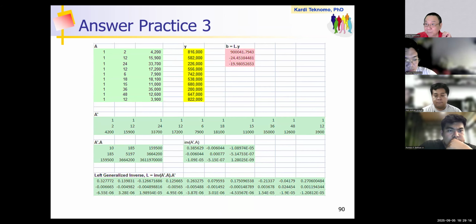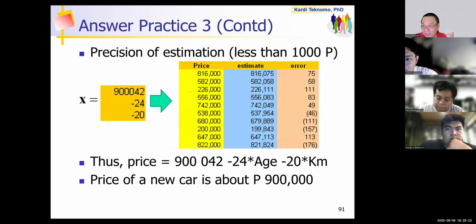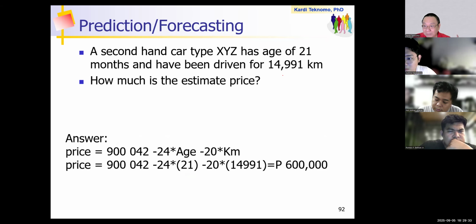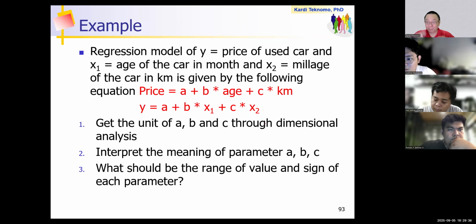Clear? I got the meaning of A, B, and C. Very good. So then I can predict, right? With the months and the kilometer I can estimate, around 600,000.